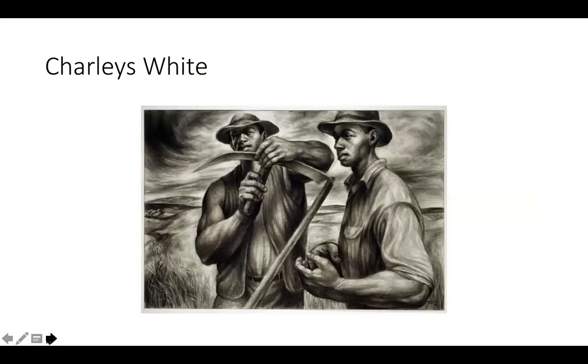He has a lot of charcoal drawings, and I saw a retrospective of his work in Chicago at the Art Institute. Was it 2018? I think it was 2018 or 2017. I can't quite remember, but it was just amazing. And he's just so brilliant, and his work is so powerful.